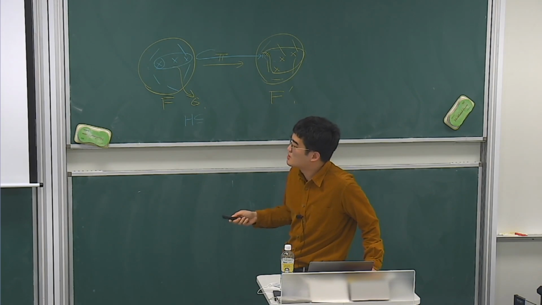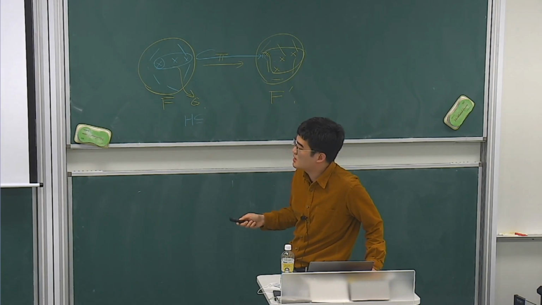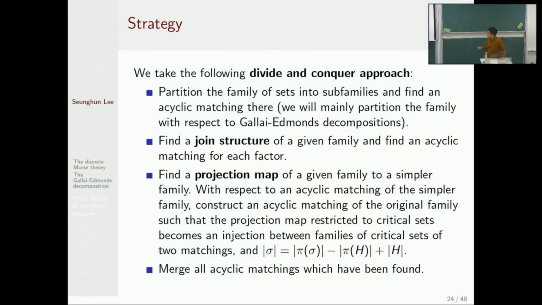So we can use these three arguments and merge all the acyclic matchings which have been found, and show that they are still an acyclic matching. That is the strategy.